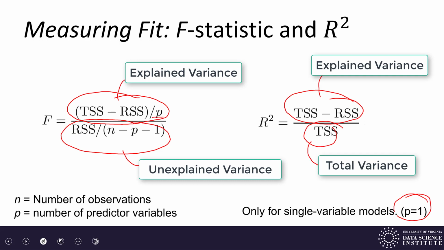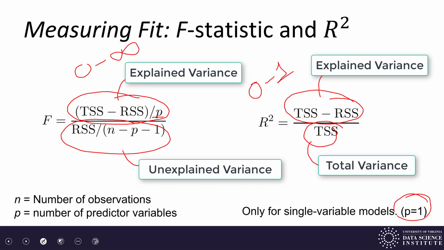unexplained variance. R-squared is going to be from 0 to 1, 0 when we don't have a good fit, approaching 1 with better fit. The F statistic is going to be basically 0 to infinity, 0 on up. A larger value means you're going to have a better fit.